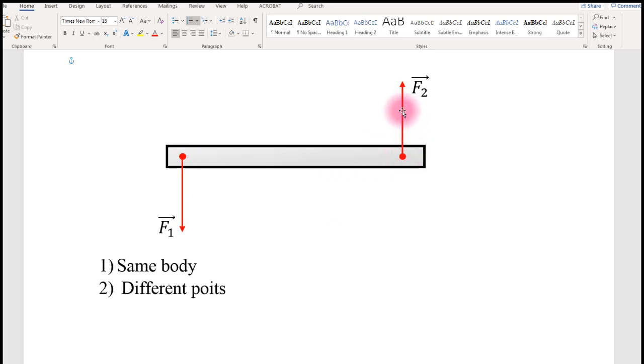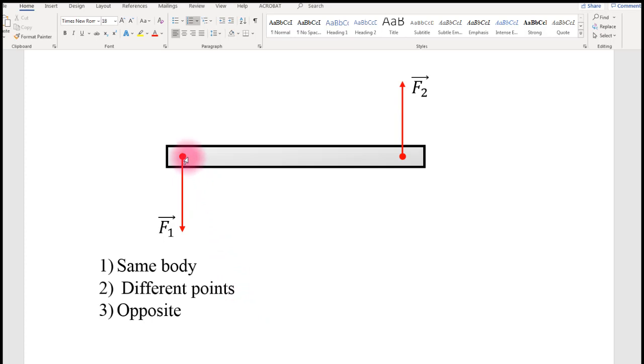But suppose the two forces are acting at the same point, like this, then this cannot be called a couple. Therefore, two forces must act on the same body at two different points. Number three, the two forces must be opposite to each other.